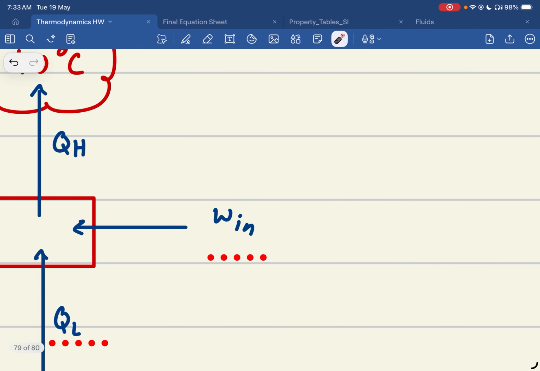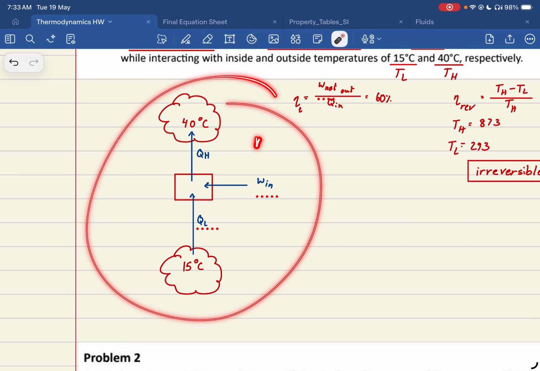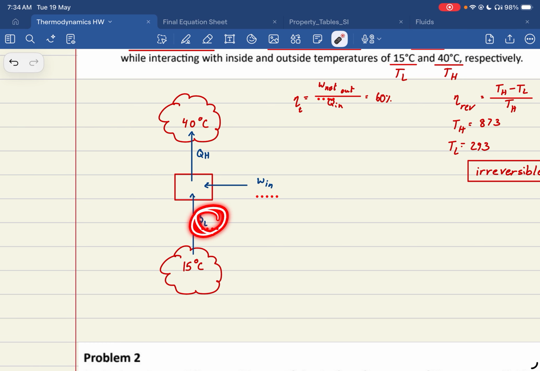So this is for a refrigerator, and a refrigerator is the same cycle as a heat pump. But instead of using QL for your efficiency, you'd use QH. That's the only difference between a refrigerator and a heat pump.